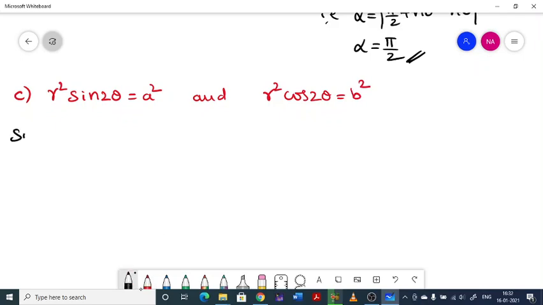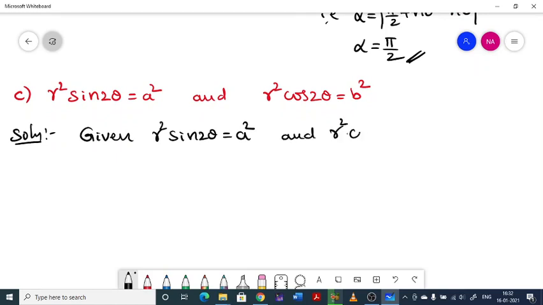Solution. So here given r square sin 2 theta equal to a square and r square cos 2 theta equal to b square.